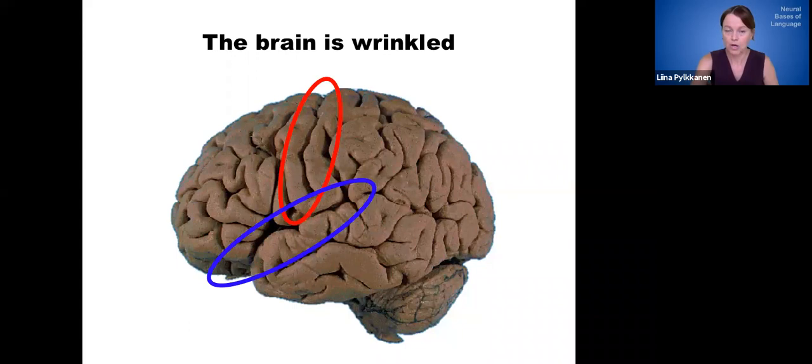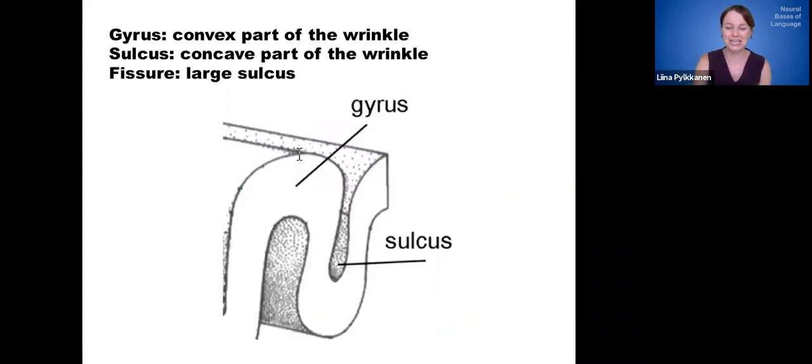Given that the wrinkledness of the brain is such an important property, we have terminology to talk about those wrinkles. Gyri, gyrus as the singular, are the convex parts of the wrinkles. And sulci, or sulcus as the singular, are the concave parts of the wrinkles. When you have a really prominent sulcus, that's often called a fissure. Some sulci are really deep, and we call them fissures a lot of the time.